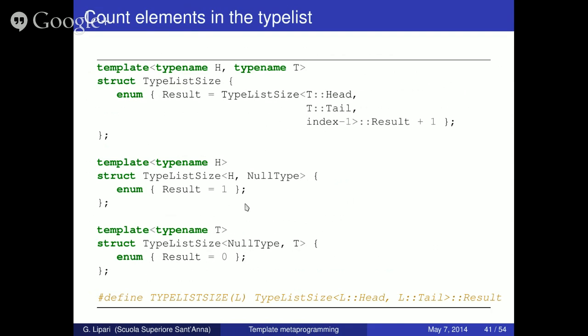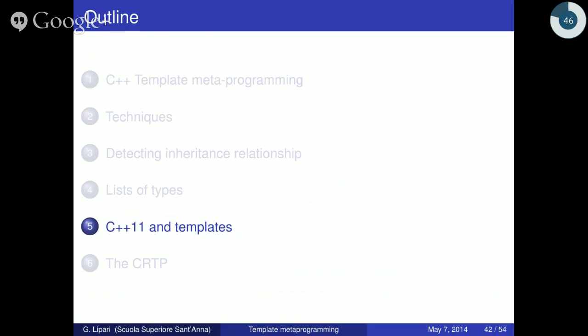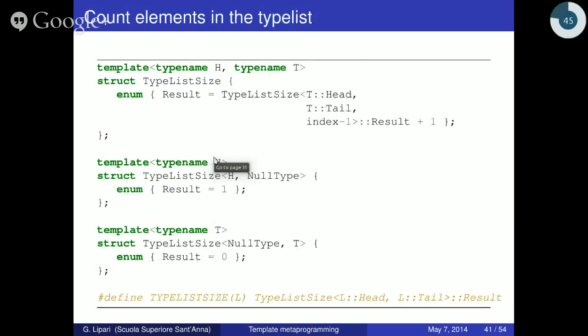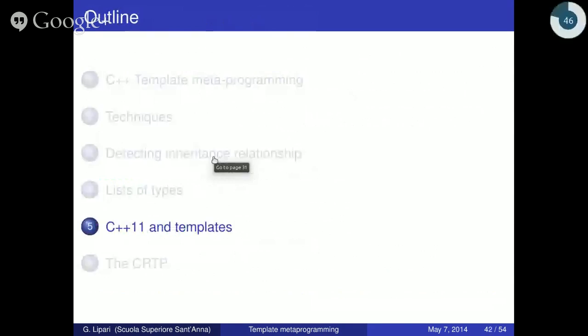Okay, so this is how it works. In general, these are very nice tricks, but they are not used so much anymore, because in the new standard, C++11, they decided to make it easier for programmers to use this kind of tricks by embedding these kind of things in the language.